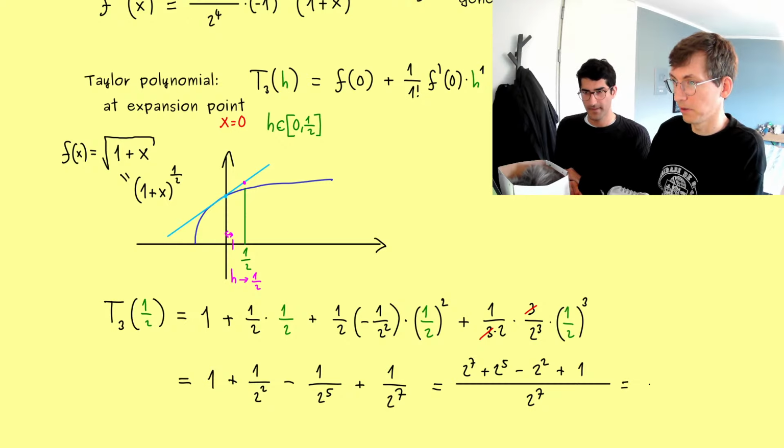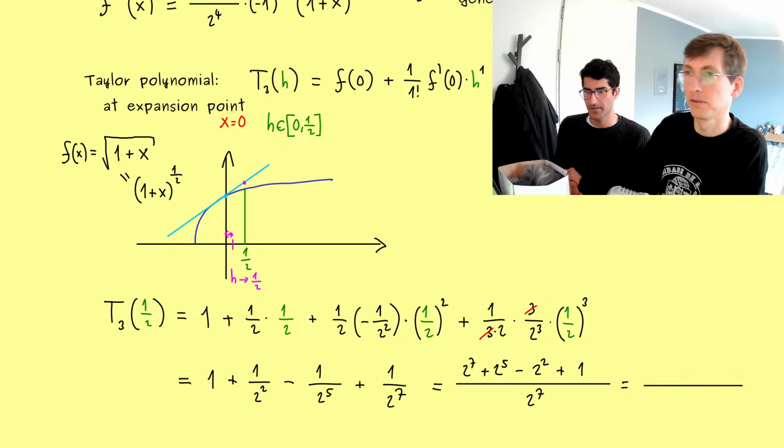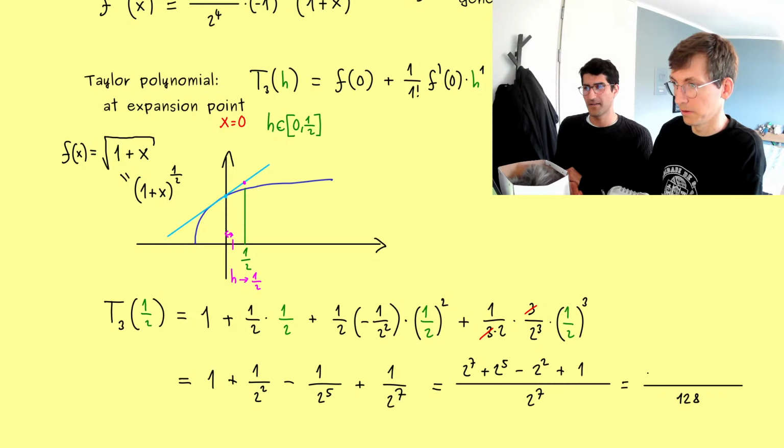So what is 2 to the power 7? I need a line here. So maybe we can write it down. 2 to the power 7. 32? No, 128, I would say. And then we also have that here. And 32 would be 2 to the power 5.